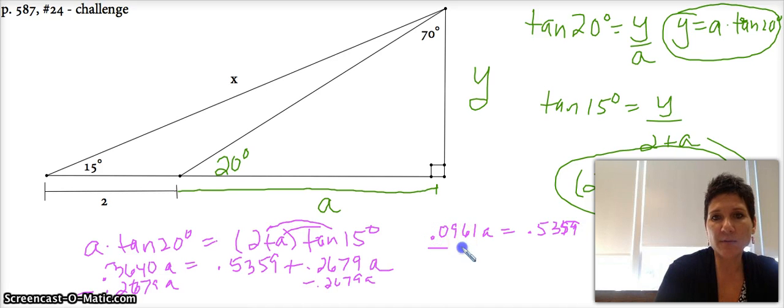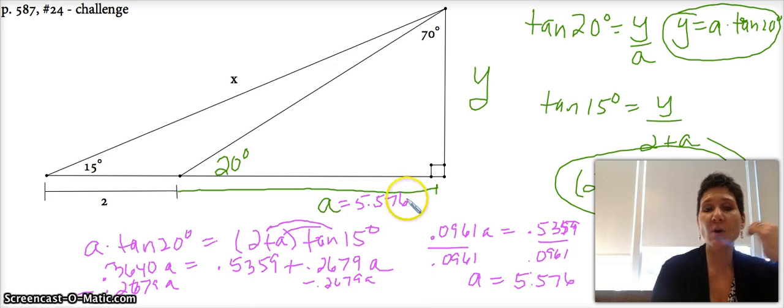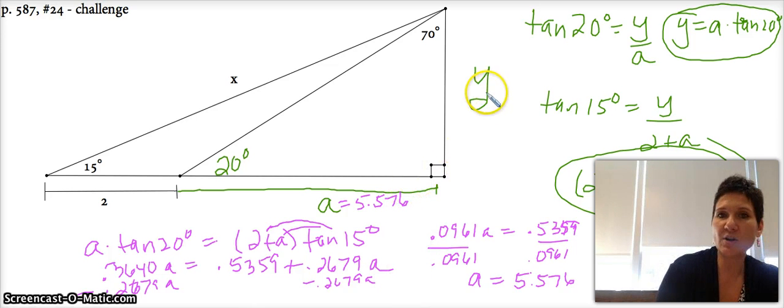So if I divide both sides by 0.0961, I get a is equal to 5.576. So that's what I'm going to get, 5.576 right there.